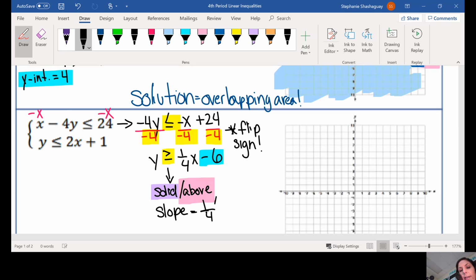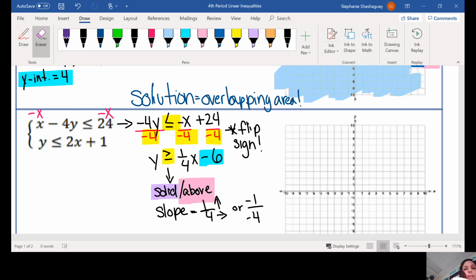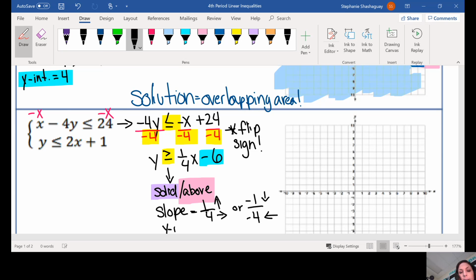So that's going to be up 1 and to the right 4, or -1 over -4, sorry, down 1 and to the left 4. So my y-intercept here, I already highlighted. My y-intercept is equal to -6.